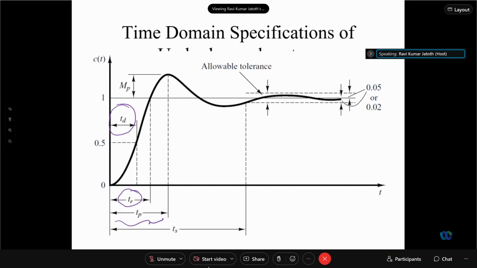Delay time, rise time, peak time: 3 terms. And there is one more term called overshoot. We want 1, but we got much beyond 1. So this overshoot is defined as, now 1 minus this is called overshoot.